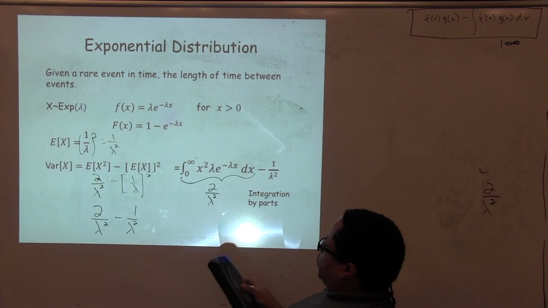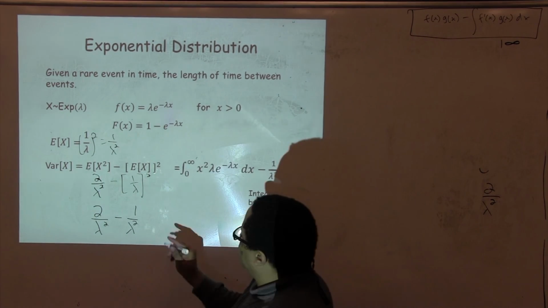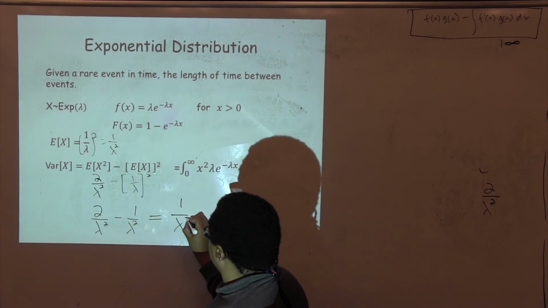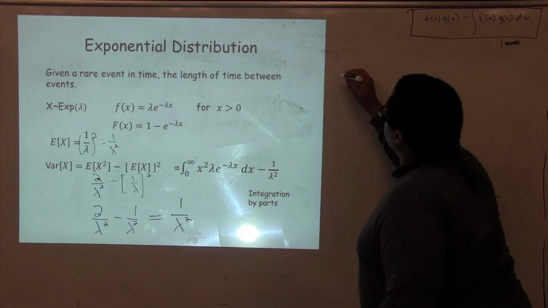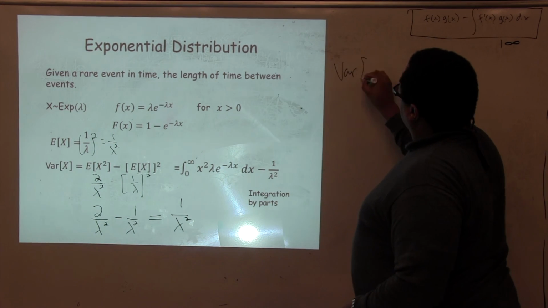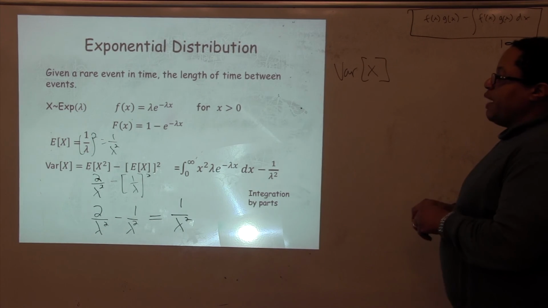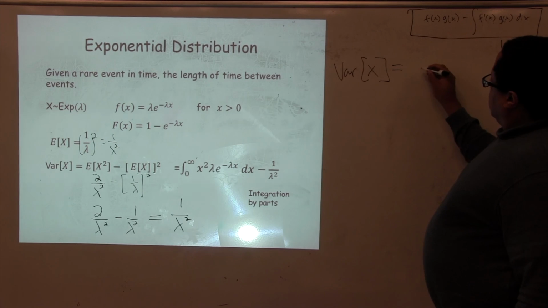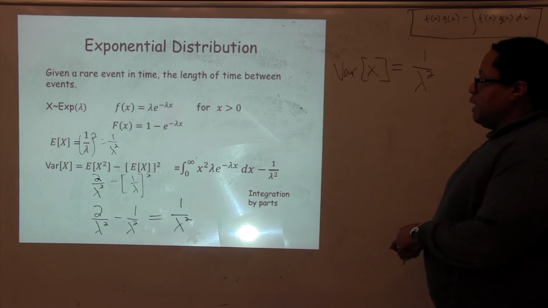Okay, so 2 over lambda squared minus 1 over lambda squared, that's nothing more than just 1 over lambda squared, right? So we get the variance of X for an exponentially distributed random variable is equal to 1 over lambda squared, okay?